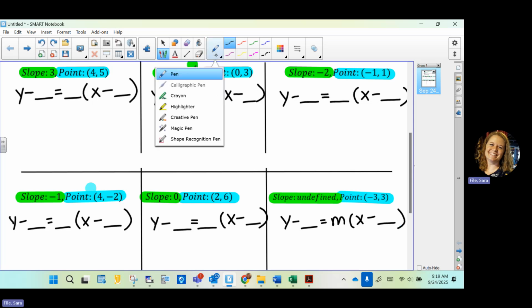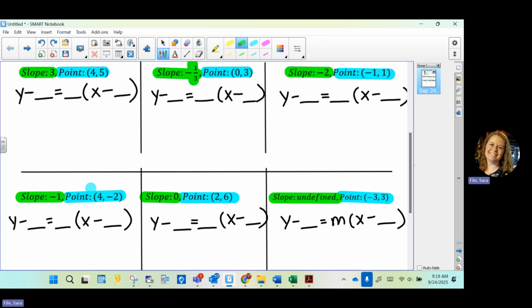So we know that the slope gets plugged in to the spot where m goes. Oops, I don't know why I wrote m on that last one. That was not what I should have done. Put a blank there.